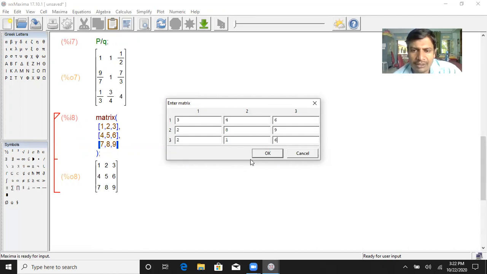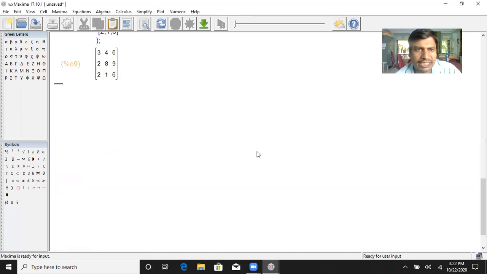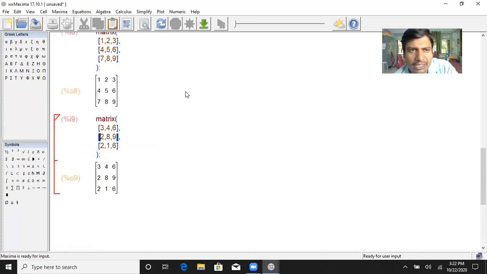Okay, the first matrix is 1, 2, 3, 4, 5, 6, 7, 8, 9. Another matrix is 3, 4, 6, 2, 8, 9, 2, 1, 6.